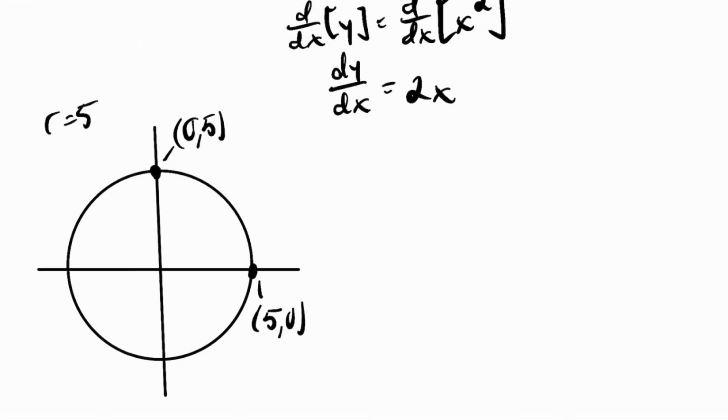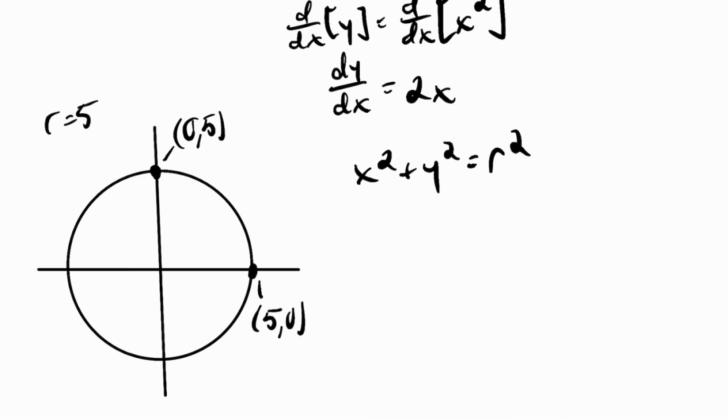You might remember from algebra that there is a format for an equation that describes a circle: x squared plus y squared equals r squared. Basically, a circle is the set of all points that are equidistant from some central point, in this case the origin.